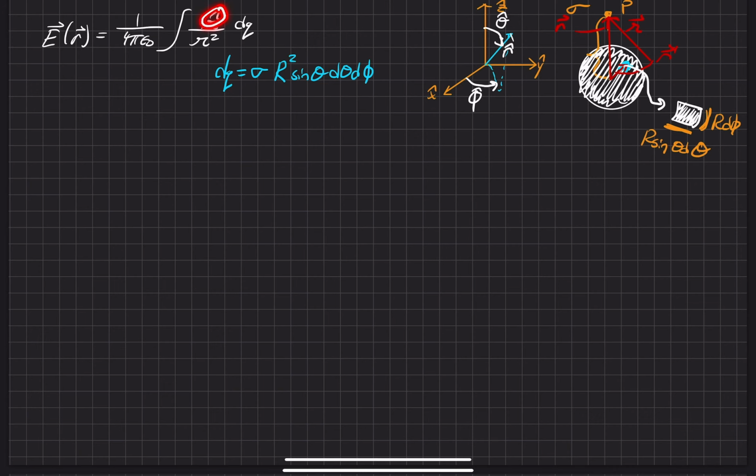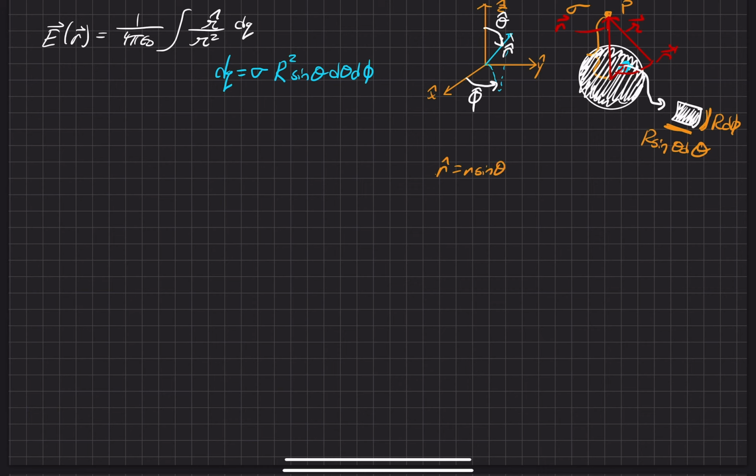Since we already did a substitution for the dq, we're now going to look at the separation vector. It'd be kind of weird if we do it strictly in spherical coordinates, so we're just going to do a transformation from spherical to Cartesian coordinates. If we have some example unit vector r here that points somewhere off in our spherical space, we can define it as this.